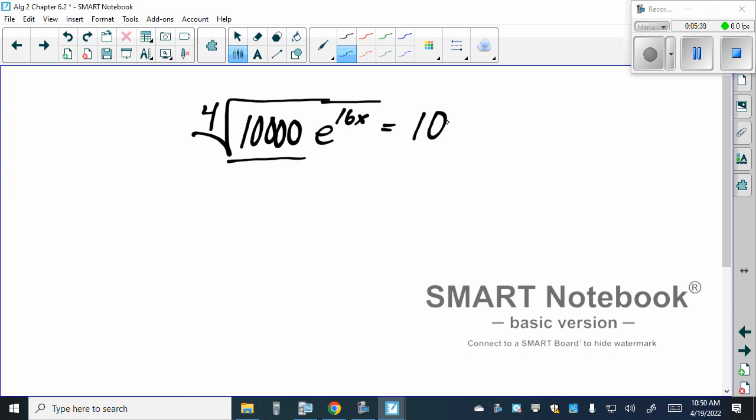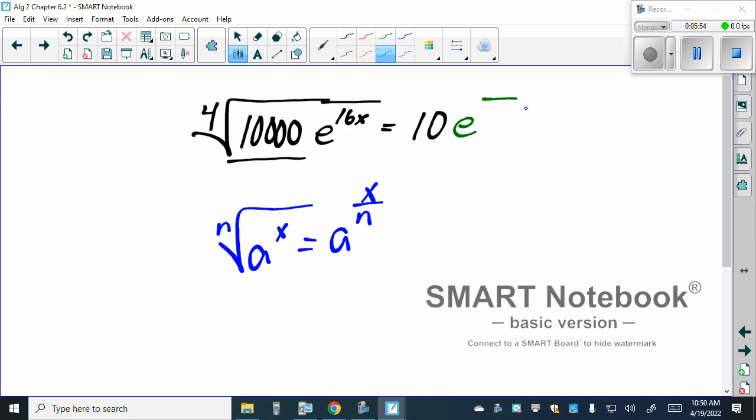Now we need to take the fourth root of e to the 16x. We can refer back to our nth root of a to the x, which is a to the x over n. In our case here, that would be e to the, what's going to be on top? 16x, and it's going to be over 4. We still have 10, we'll still have e. 16x over 4, will that reduce? 16 divided by 4 is? 4x.